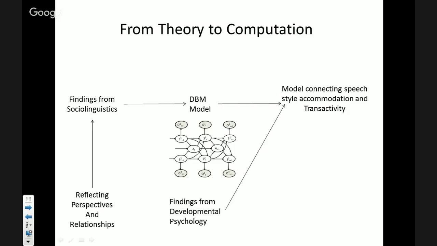But what we did was we then took the measure that we got from the work that was purely focused on trying to get a measure of speech style accommodation, and then we looked at how that one feature that was measured through this unsupervised model, where the only supervision was just expectations from the literature in sociolinguistics on speech style accommodation, would it correlate with prevalence of transactivity as analyzed in the transcripts?